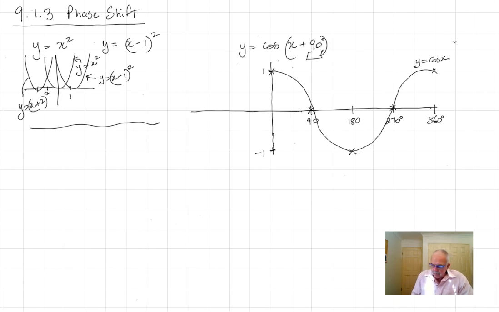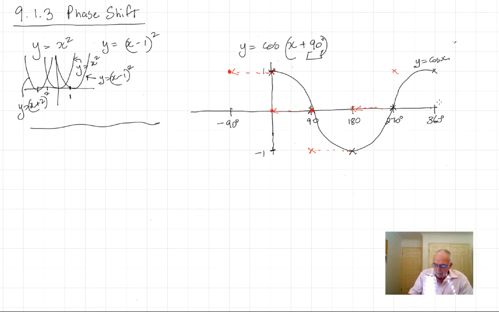So if we had negative 90, this point here will move across to there. This point here will move across to there. This point here moves 90 degrees there. This point here moves across to there. And that point there moves across to there.